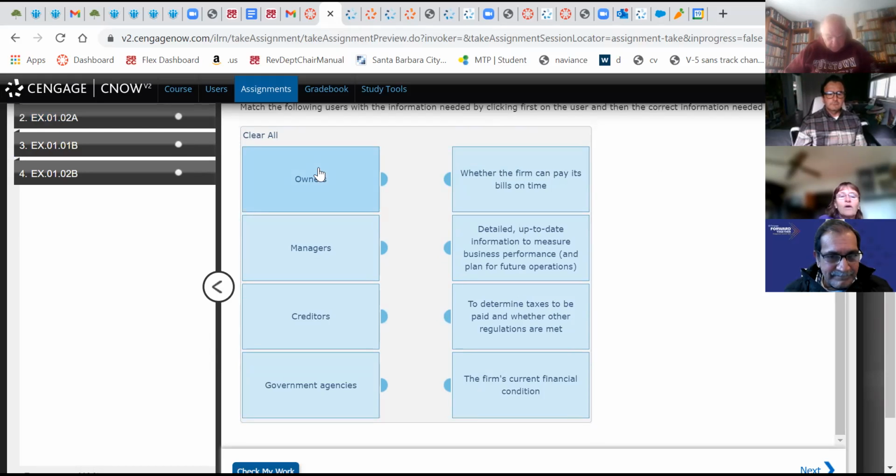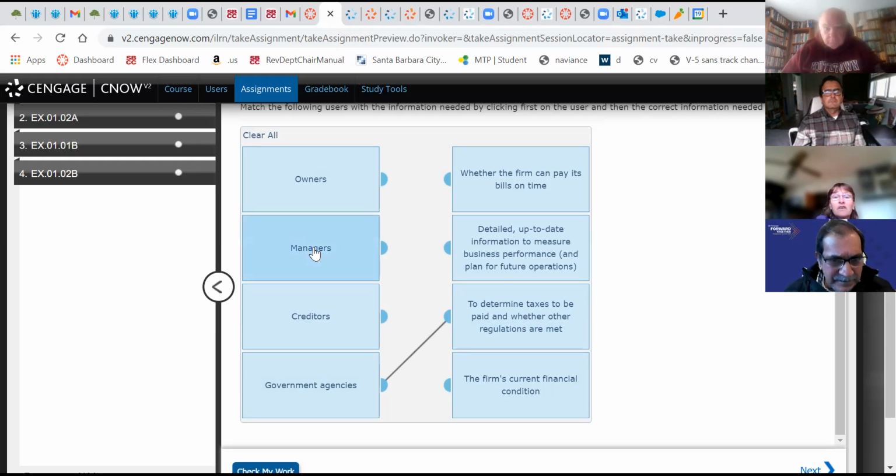Or you can ask, what does the government need? Let's try with them. What do you think? That's easy. Any volunteers? Maybe that you pay your taxes? Good choice. Managers, what do managers need?